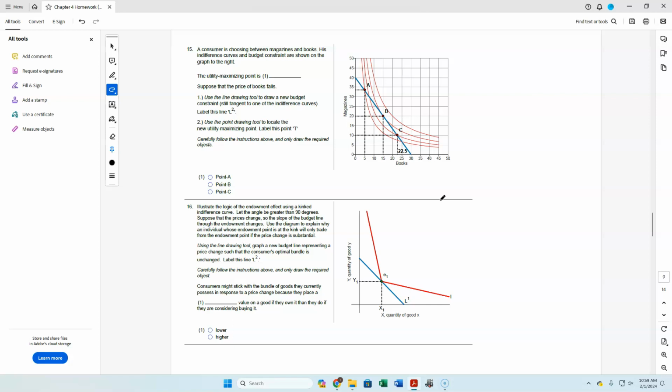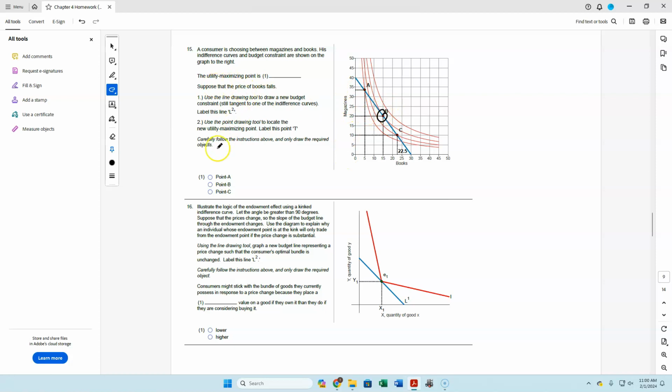Okay. Number 15 is largely definitional. Again, I really want to keep this short here. But what would we say about that utility maximizing point? We would say that the utility maximizing point is where the MRS is equal to the MRT.